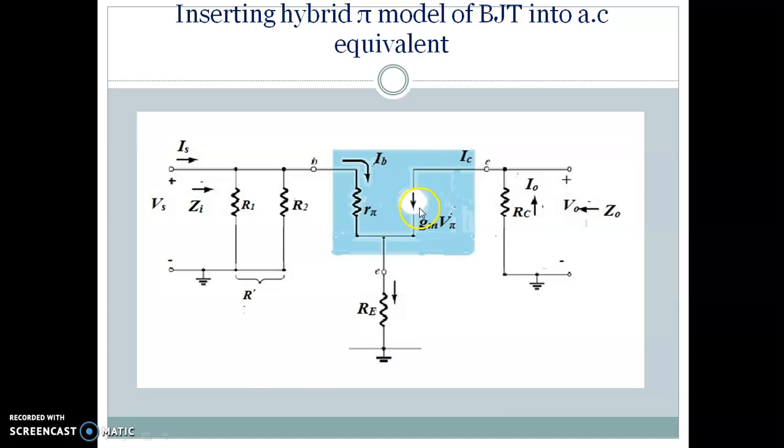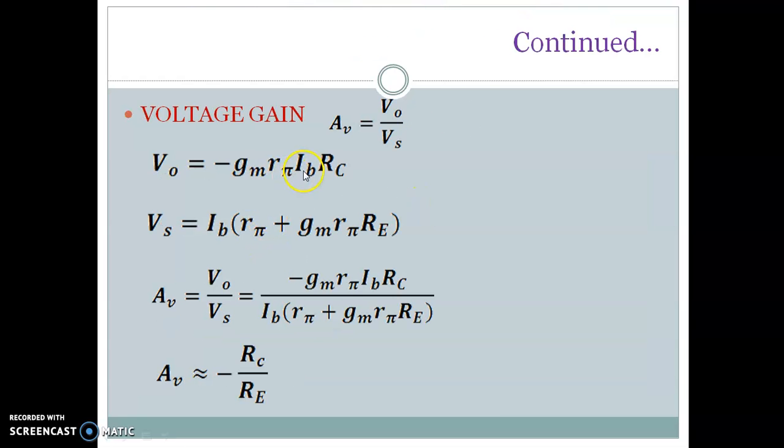It is gm V pi. So it is minus gm V pi RC. Instead of V pi, we can write IB into R pi times RC. And your Vs is equal to IB times R pi plus gm R pi into RE. Substituting this relation, we get minus gm R pi RC by R pi plus gm R pi RE.